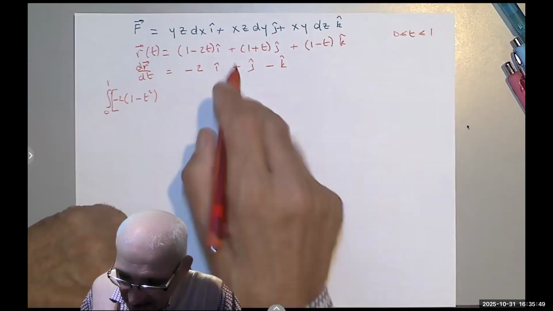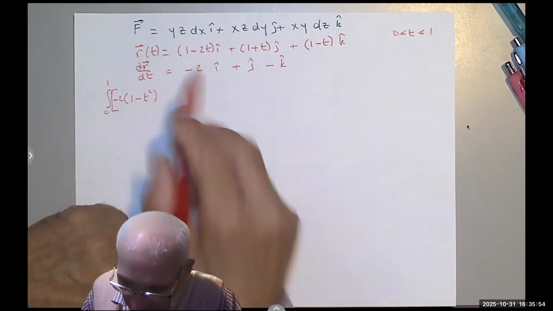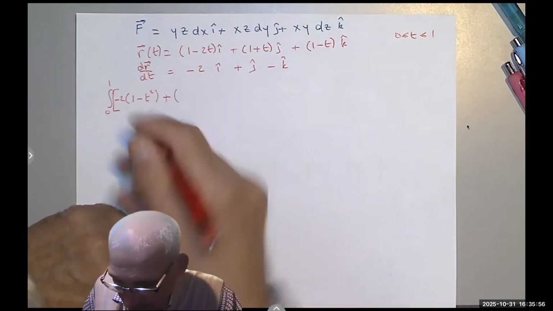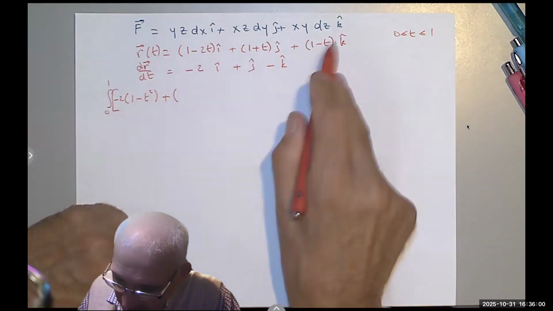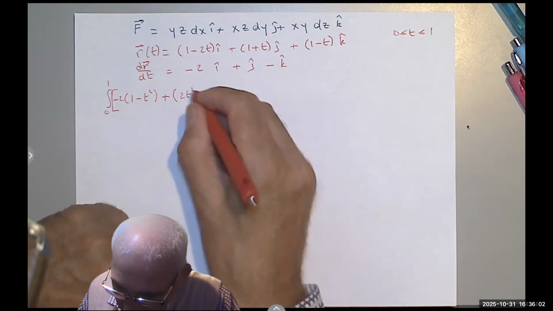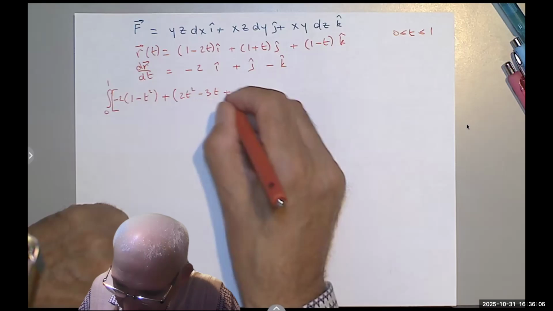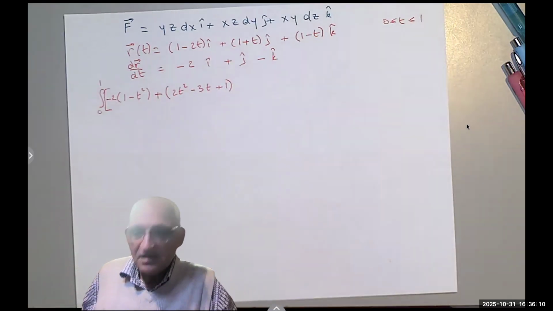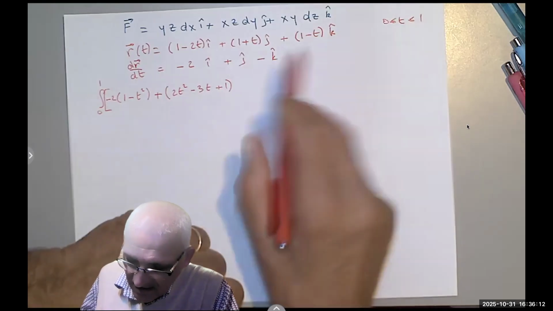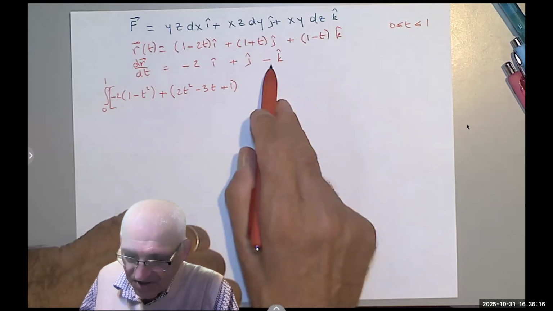Second, I'm going to multiply this by that times 1. So plus the 1 is just multiplied. So I will get 2t squared minus 3t plus 1. That's in the j direction. And then finally in the k, you're going to multiply x by y and then change their sign.